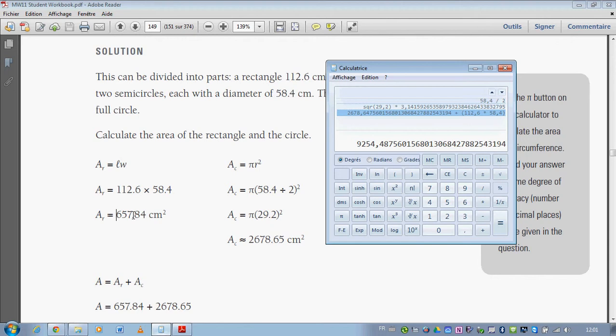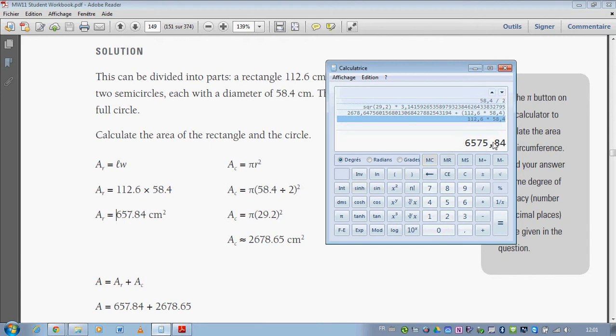Likely they made a mistake with this decimal right here. So let's just test that. 112.6 times 58.4. So yeah, they just forgot a little 5. Your workbook has a mistake in it, and they forgot that there was a 5.